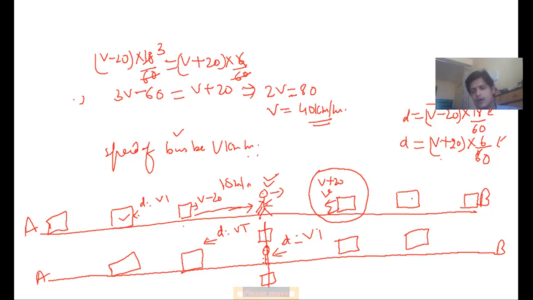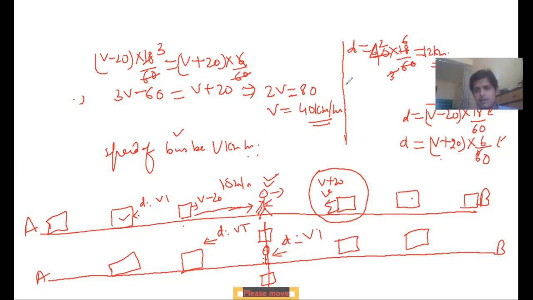Then we need to find the time interval. For that, we first find this d. So d will be v minus 20 into 18 by 60, so it will be 60 minus 20, that is 40 into 18 by 60, and this comes out to 12 kilometers. The separation between any two consecutive buses in either direction is 12 kilometers.